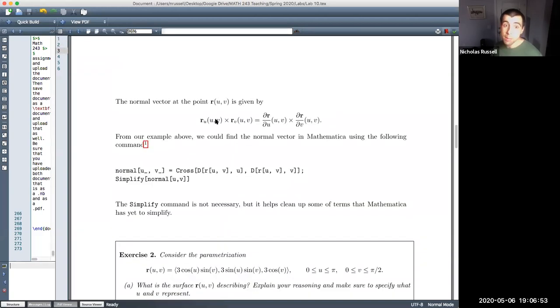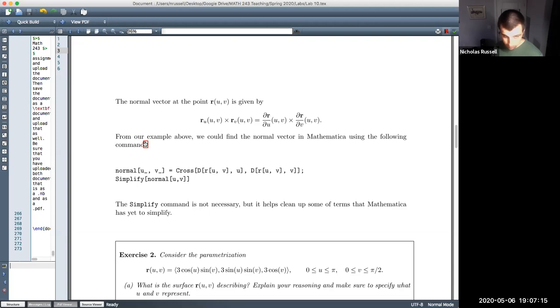Then we're going to start to think about the normal vector. We're going to need to calculate this for a lot of our surface integrals. What we want to do here is r_u cross r_v, and we can do this with the Cross command, where I have my parameterization, the derivative with respect to u and the derivative with respect to v. I want to be very careful here. Please do not include a colon here.